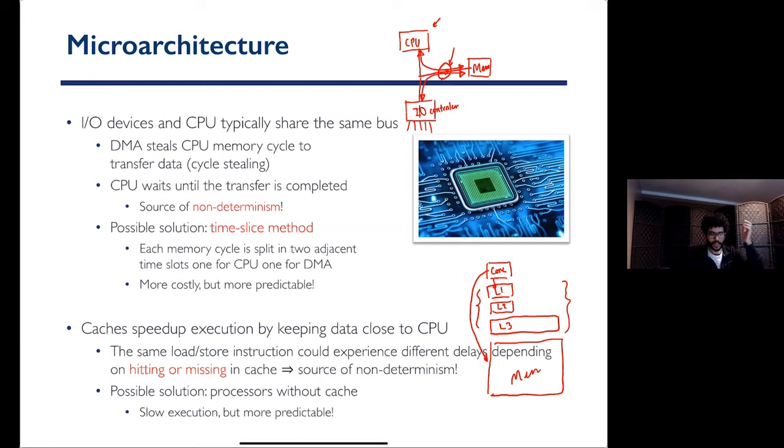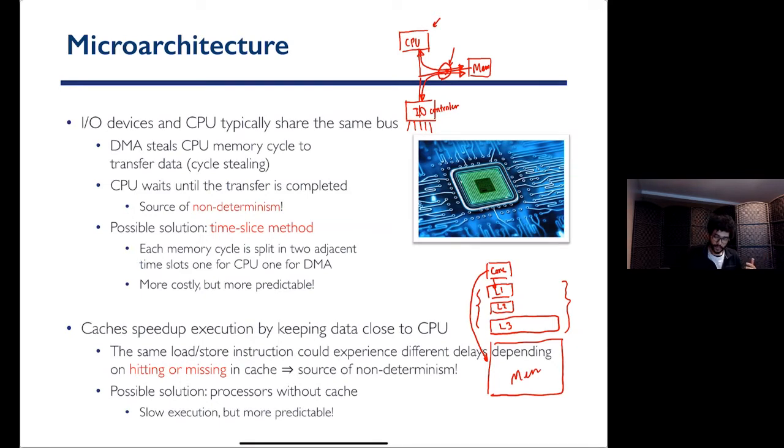So if it is up to other applications or how the cache is implementing cache evictions, then I'm not sure for each request that I issue to memory, how long it's going to take for this request to get its answer. And this is against predictability.